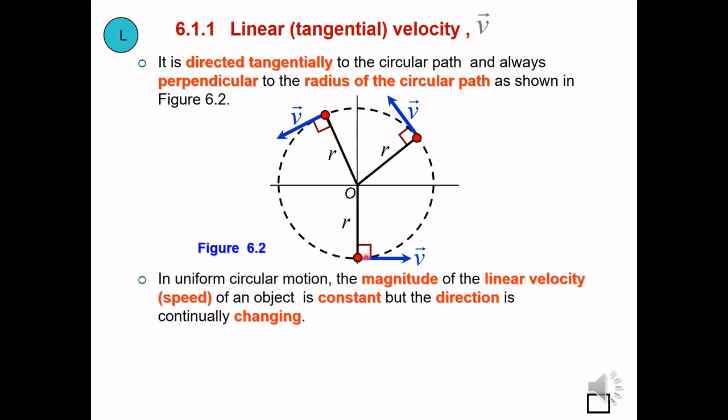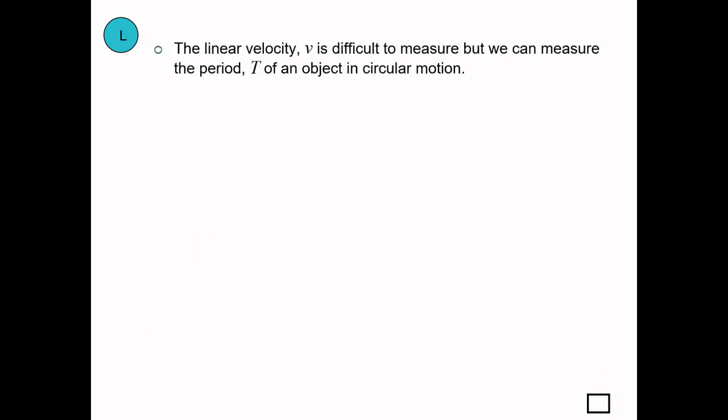In uniform circular motion, the magnitude of the linear velocity or speed of an object is constant, but the direction is continually changing. The unit of the tangential or linear velocity is meter per second. The linear velocity v is difficult to measure, but we can measure the period T of an object in circular motion.